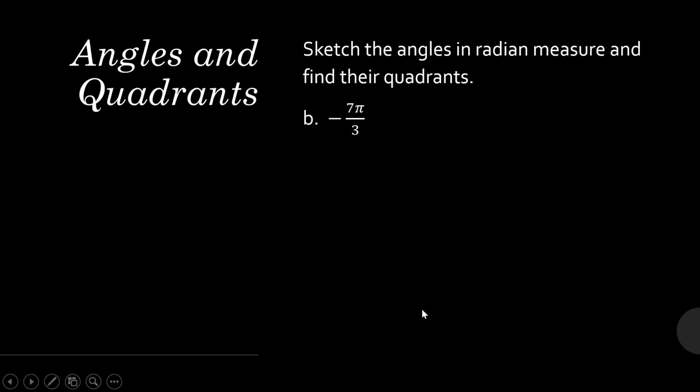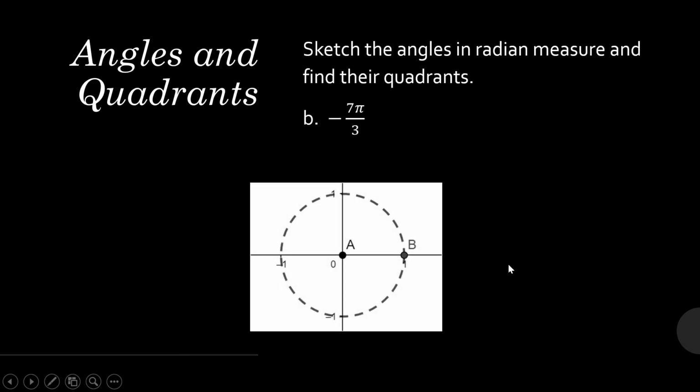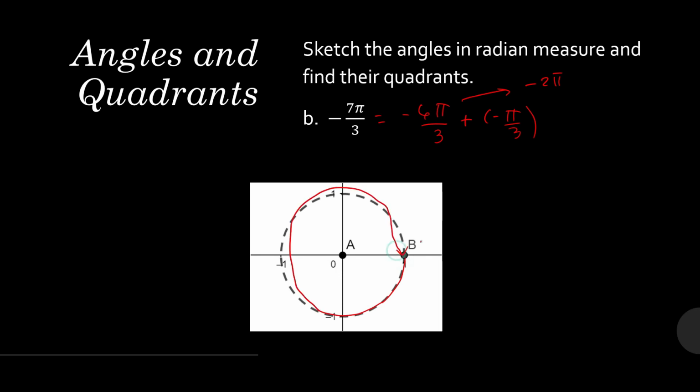How about negative 7 pi over 3? This one is negative. This means it will take on the clockwise direction. But this is equal to negative 6 pi over 3 plus negative pi over 3. So negative 6 pi over 3, that is the same as negative 2 pi. So you will make one revolution, that is negative 2 pi, and then you will make an extra 1/3 of a pi.